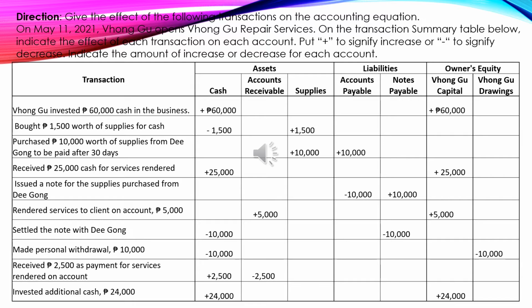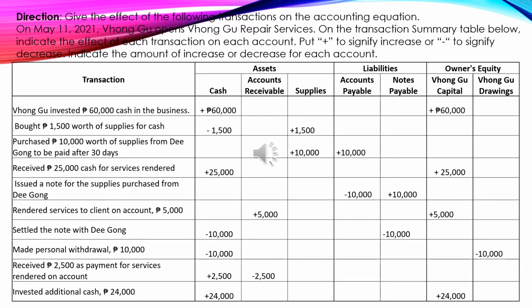So as you can see in the transaction, it received 2,500 cash as payment for services rendered on account. So that could be probably a partial payment from the services rendered of 5,000, which was previously recorded as an increase in equity in the form of 5,000 and an increase in accounts receivable, so that the income is no longer affected.